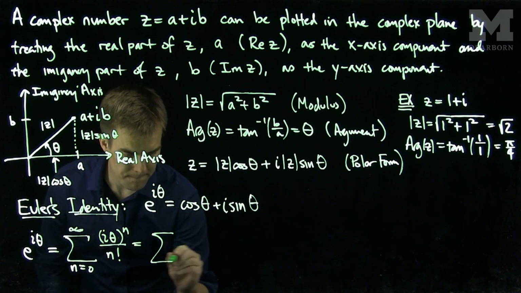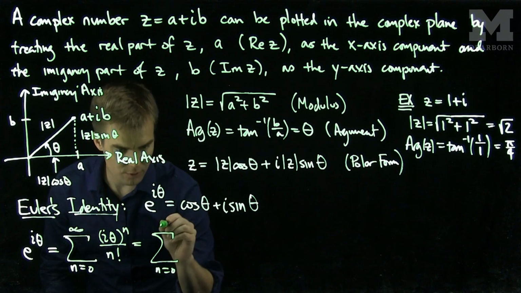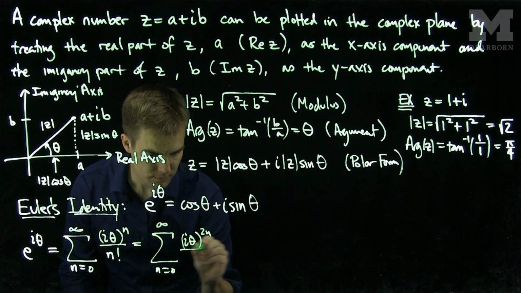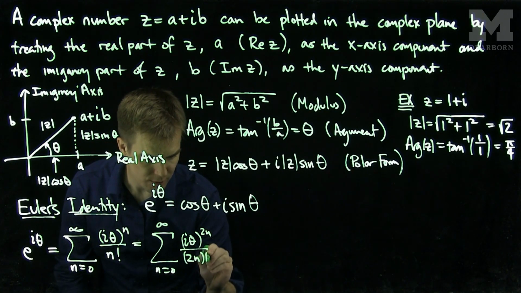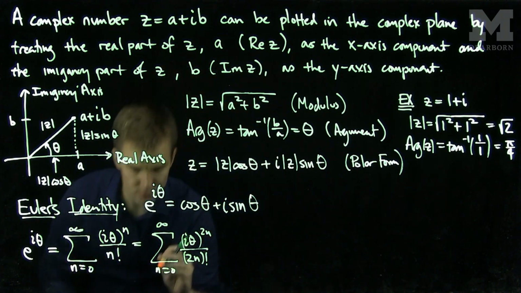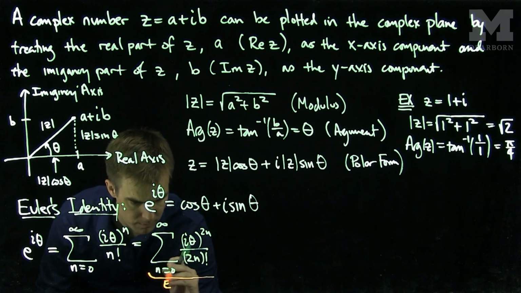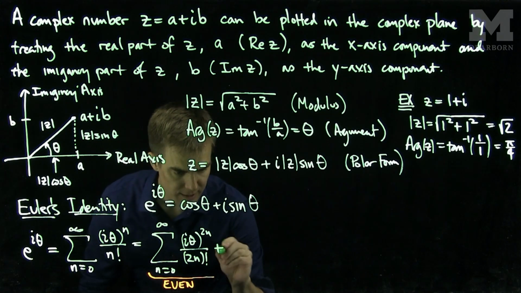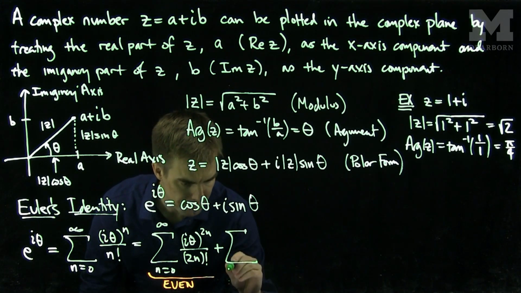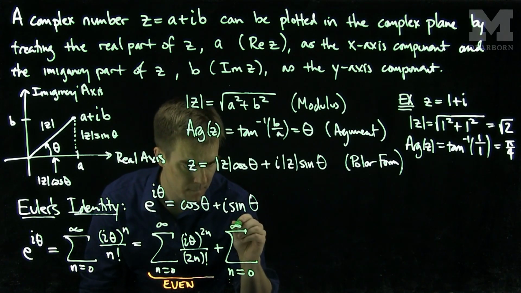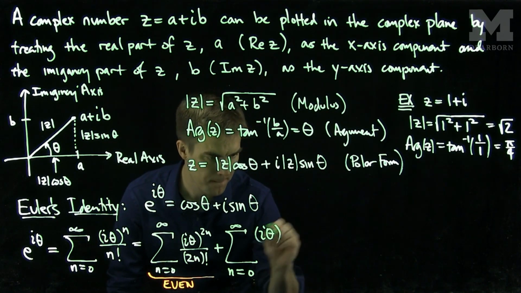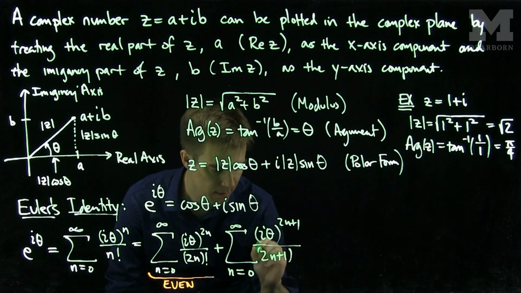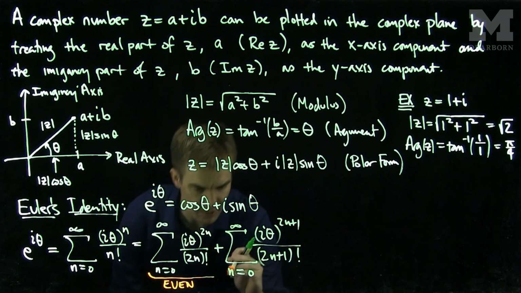This will be the sum, n goes from 0 to infinity, of i theta to the 2n over 2n factorial. These are the even terms of my expansion. And I add in the odd terms. These terms are the odd terms in the expansion.